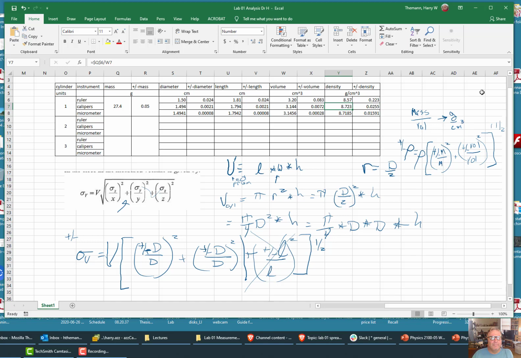Unfortunately, because there's only 3 sig figs here, this can only have 3 sig figs. See, that's what's bad. We get these much better because of the use of the micrometer, going from the ruler to the calipers to the micrometer.